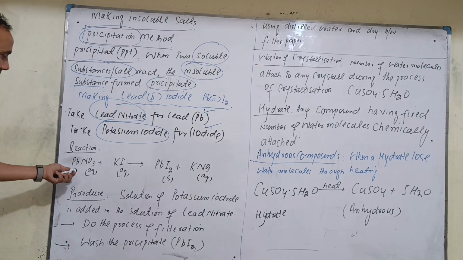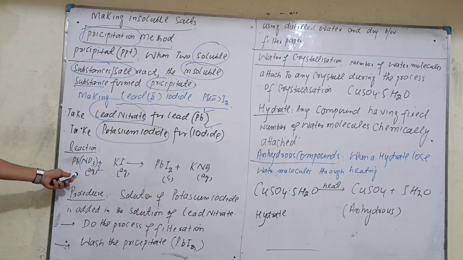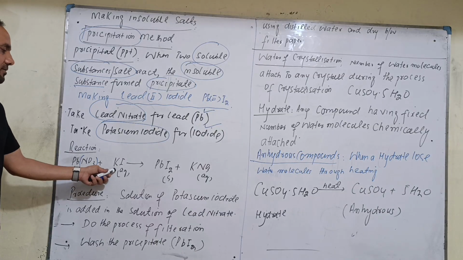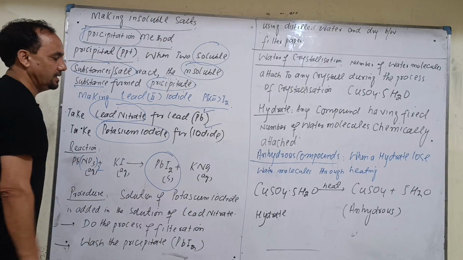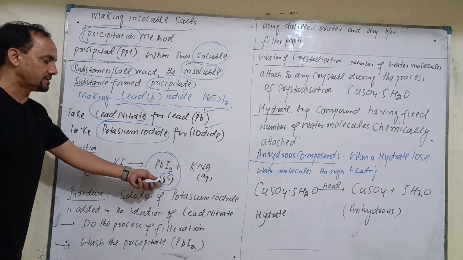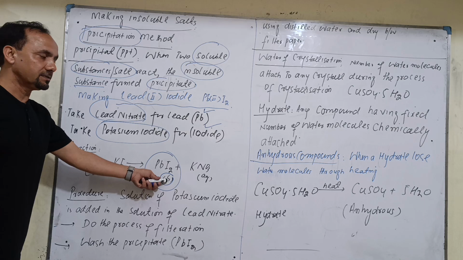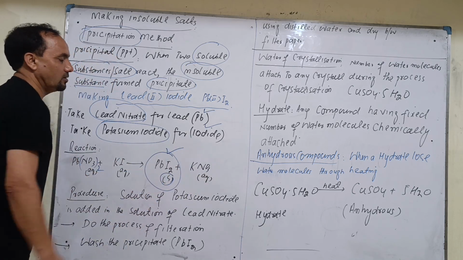Now this is a reaction. This is lead nitrate. Just mix lead nitrate with potassium iodide. You will get lead iodide, the insoluble salt. You will write (s), which means it will remain in the solid form as it is insoluble, and potassium nitrate is aqueous. This is our product.